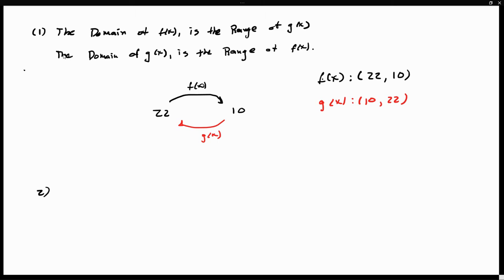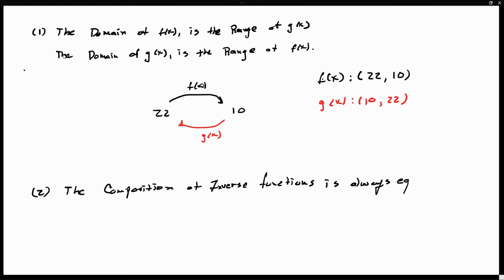Now, what's the second property? Well, the second property is that the composition of inverse functions is always equal to the variable x.